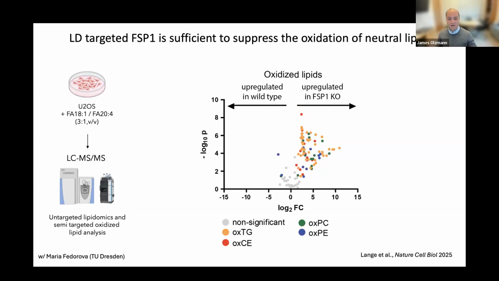So we're not treating them with any inducers of oxidative stress or with inhibitors of GPX4. And so this really suggests that FSP1 is playing an important role in regulating and protecting stored neutral lipids from damage that's not compensated, or at least not completely compensated, by any other enzymes or proteins in the cell.